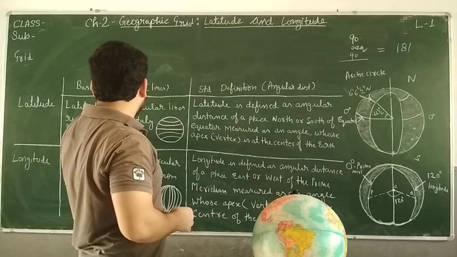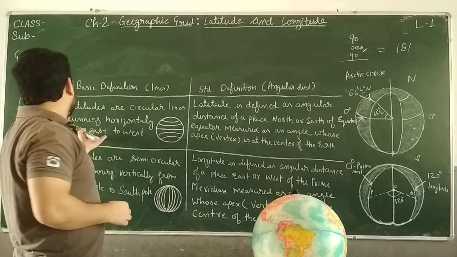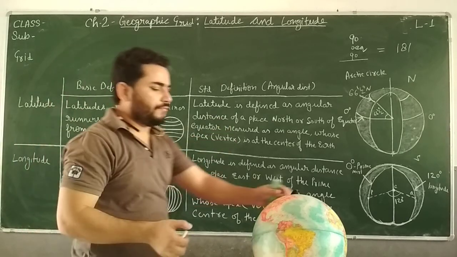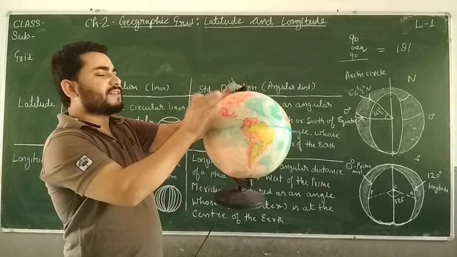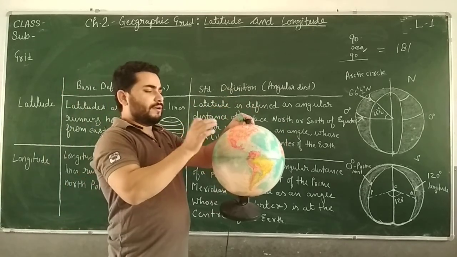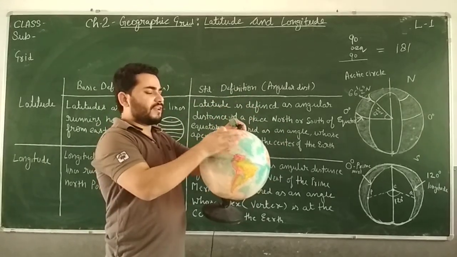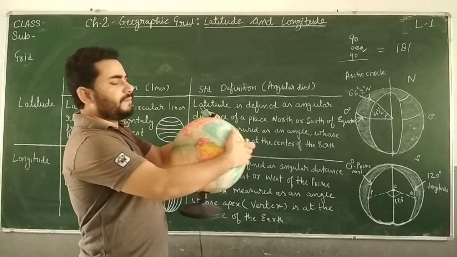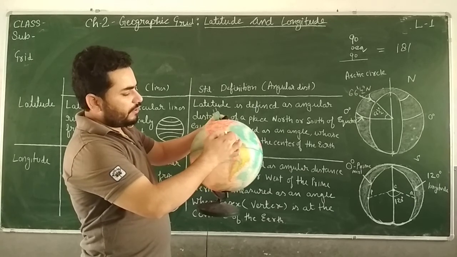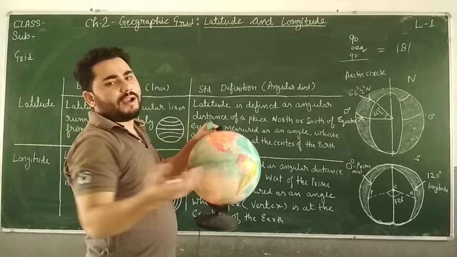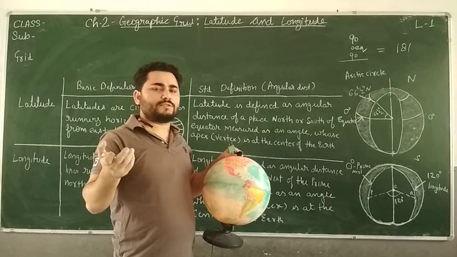In the basic definition, we used to refer to these lines as horizontal lines, meaning the things which used to appear to us on the globe, not inside it. We used to take in definitions the simple things which appear on this globe, like these lines drawn, running from east to west. These are circular lines, and these lines are called lines of latitudes.